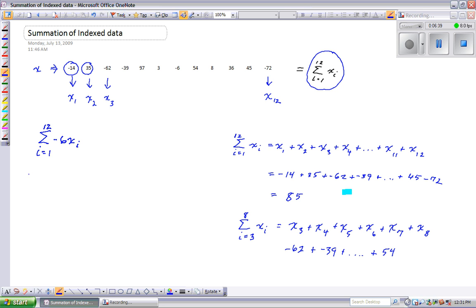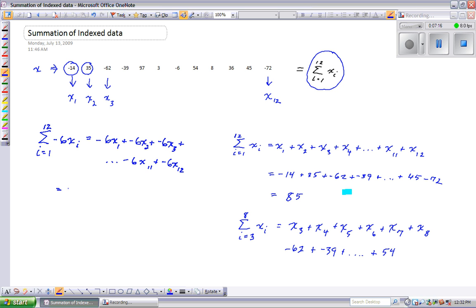So what we're really adding here is negative 6 x sub 1 plus negative 6 x sub 2 plus negative 6 x sub 3 plus and so on, negative 6 times x sub 11 plus negative 6 times x sub 12. So in every case, before we do the addition, we multiply by negative 6.